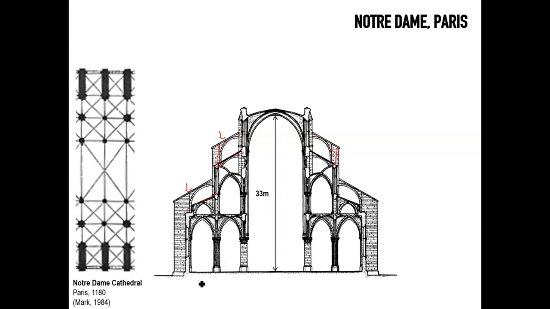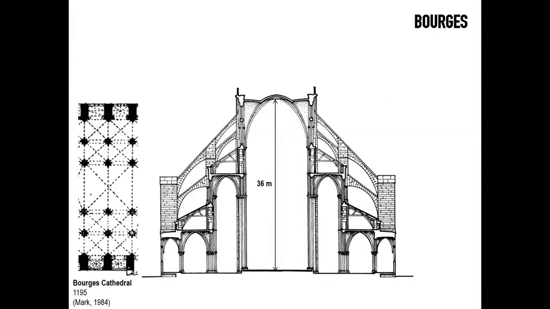Now the building has two aisles on the sides and a central nave, and it was certainly a building that was subject to experimentation, but some of these initial buttresses can still be recognized in the structure that has been altered significantly. Still a sexpartite building, like Bourges as well.